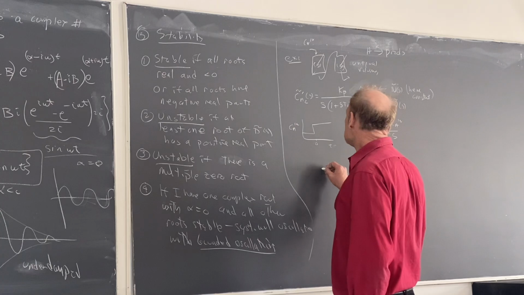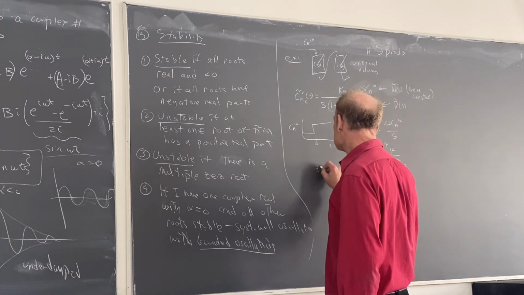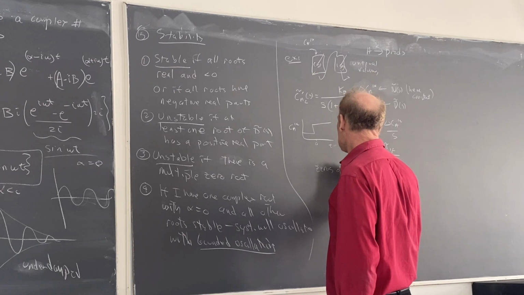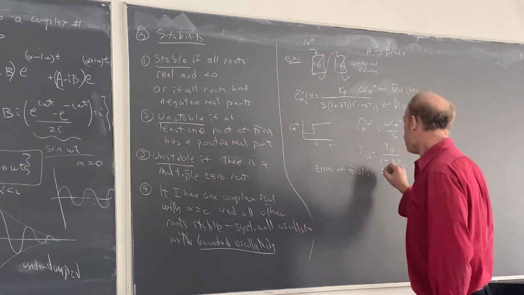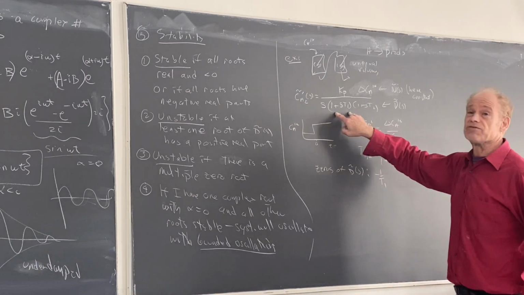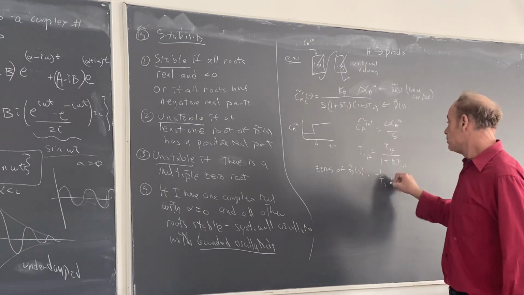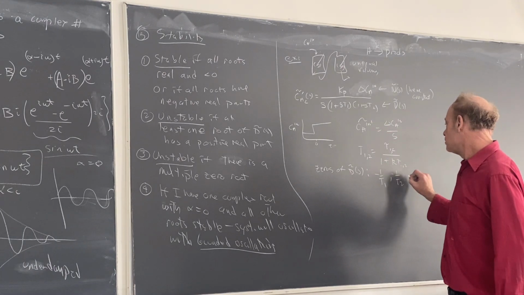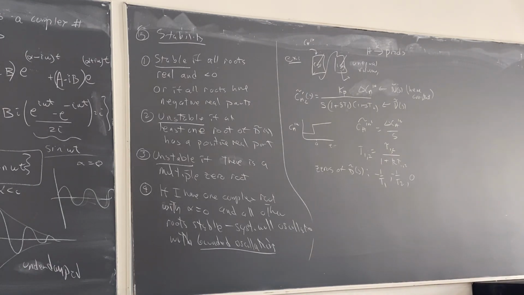I know that the zeros of d tilde of s are, I set this factor equal to 0, minus 1 over t1, minus 1 over t2, and s equal to 0. So notice, what are my factors?